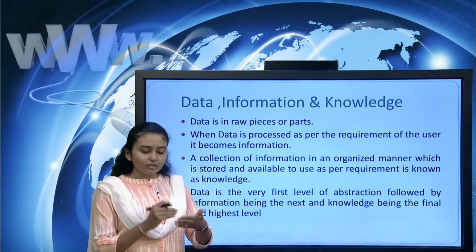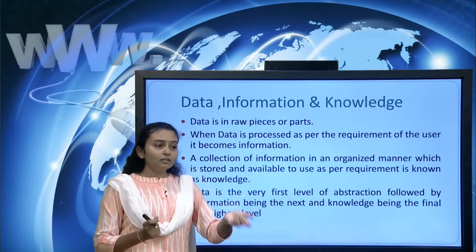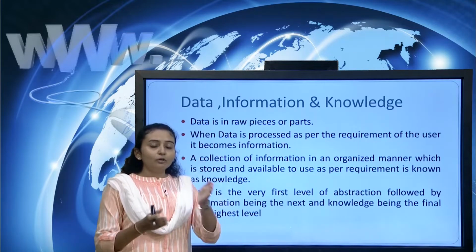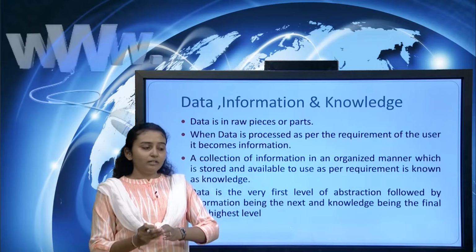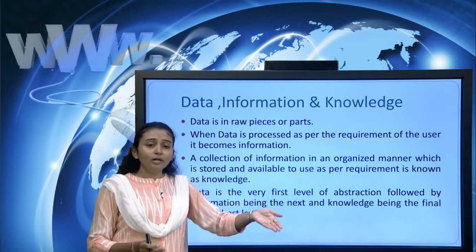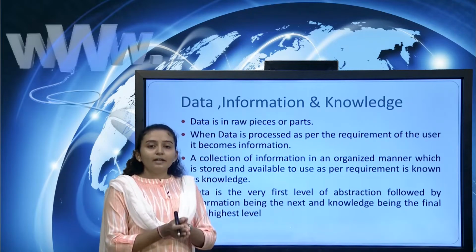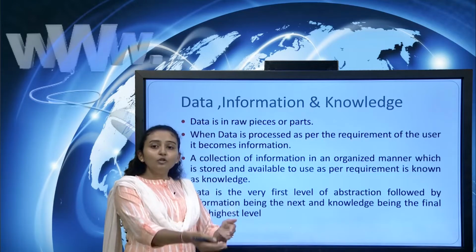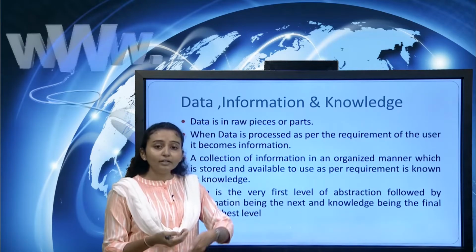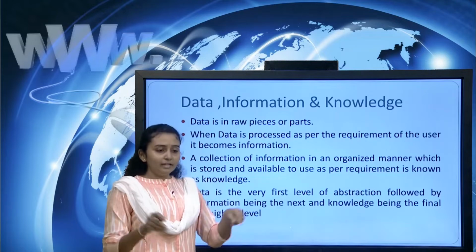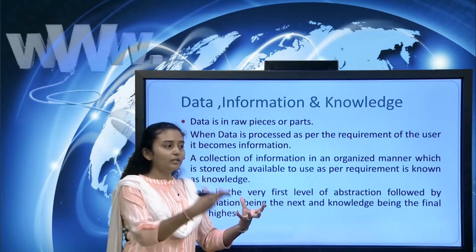After that, when we want to compare our result with another student, like I am from the computer department and I have scored 85% and another student has scored 80%, while comparing I can say that I have 5% more than that student. So I got the knowledge from the data that I have scored 5% more than a particular student.